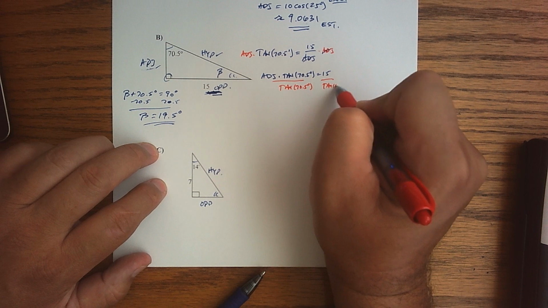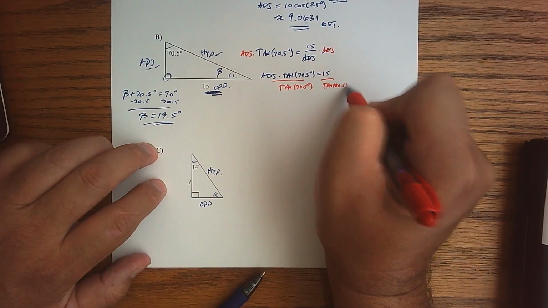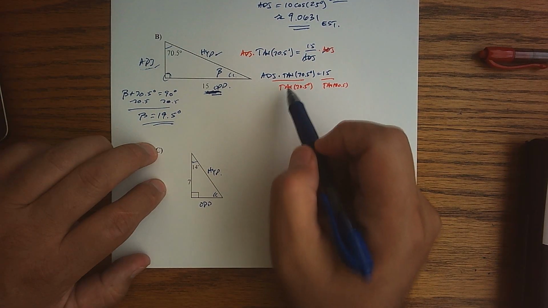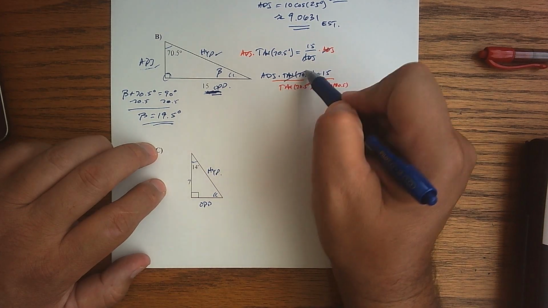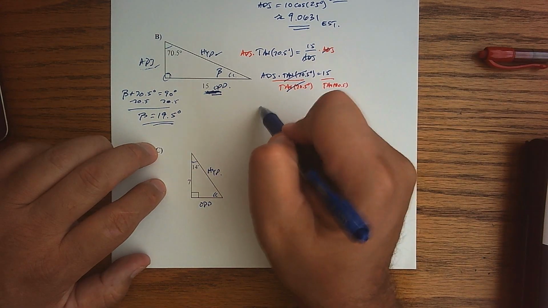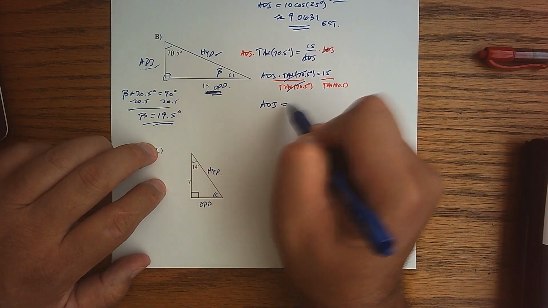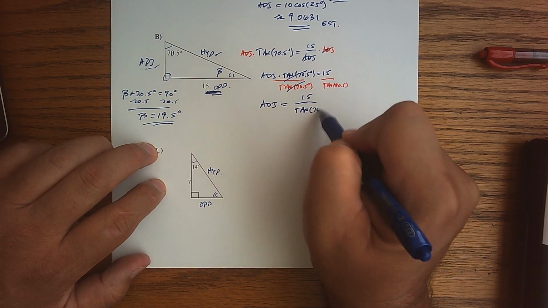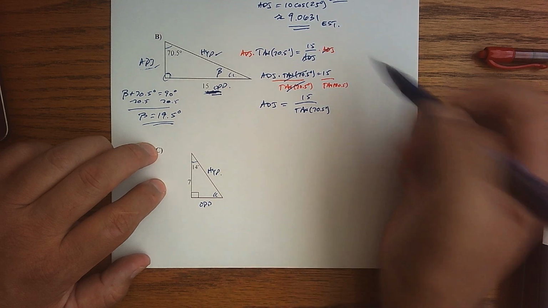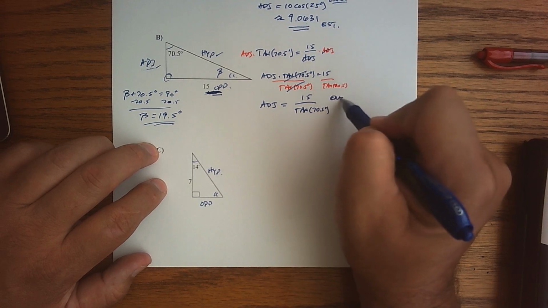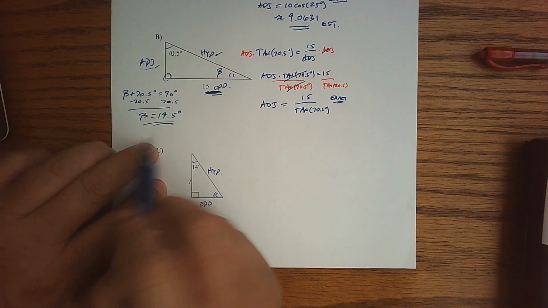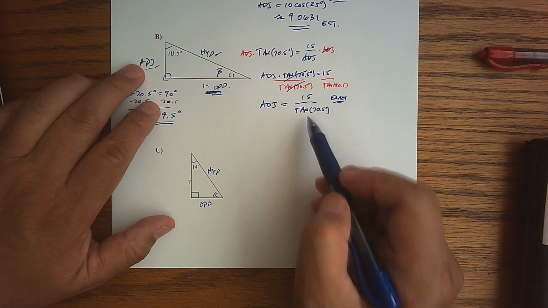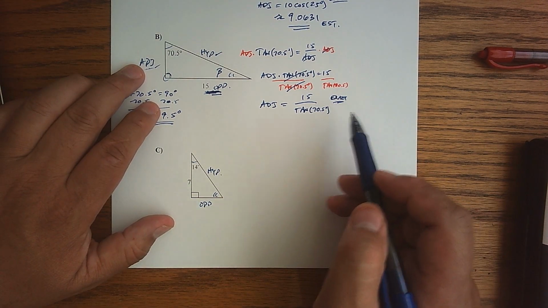Now remember, this is an output value, this is a number, so I'm going to treat it as a number. I'll divide that out, and we basically get our exact answer for the adjacent side. Okay, so again, that is exact. Our adjacent side is 15 divided by the tangent of 70.5.